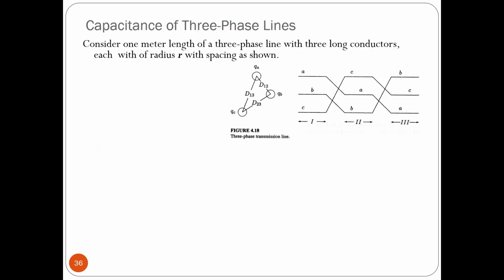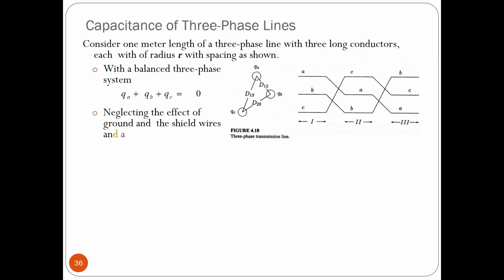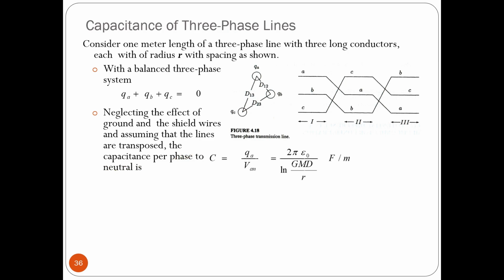Okay, so let's look at the capacitance of three-phase lines where the distances are different and the line is transposed. Since we assume that it is balanced, QA plus QB plus QC equals 0, and assuming there's no effect of ground and shield wires and the lines are transposed, C now equals 2 pi epsilon naught over ln GMD over R, which is farads per meter.